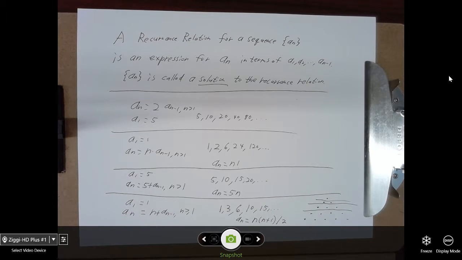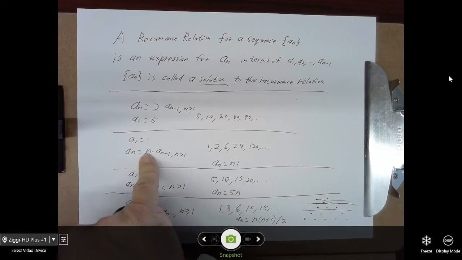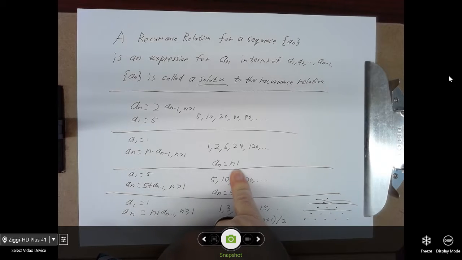So all kinds of different ways that we can take recurrence relations and come up with sequences corresponding to different formulas. It's kind of interesting because here we're doing addition and our solution is multiplicative. Here we're doing multiplication and our solution has a factorial. Here we're also doing addition, but our solution actually has a square in it, n squared plus n over 2.